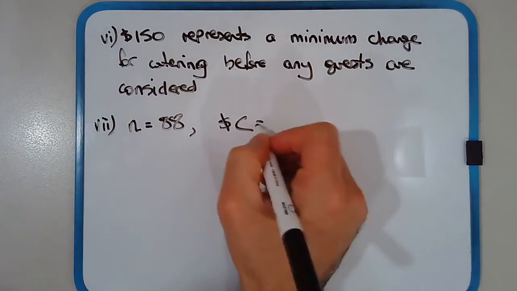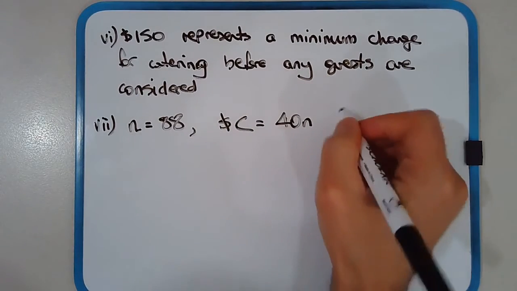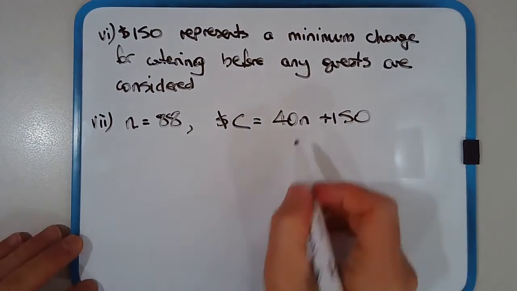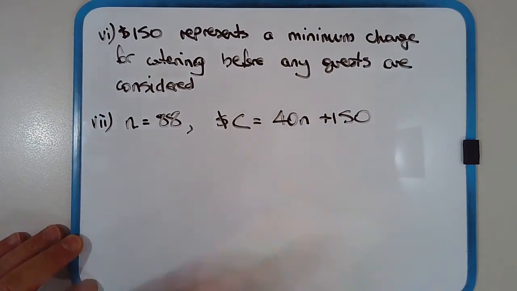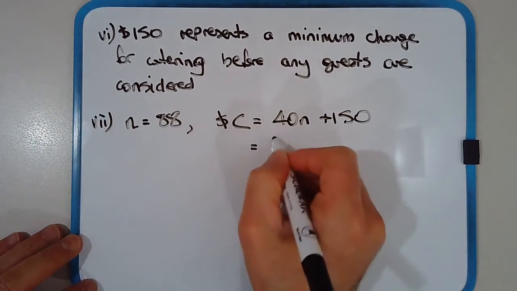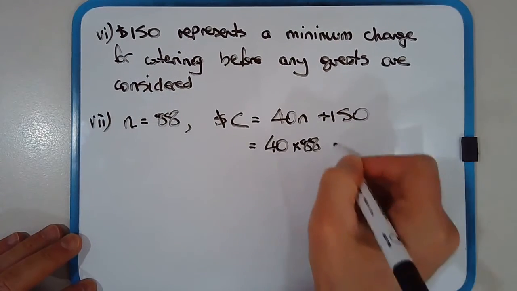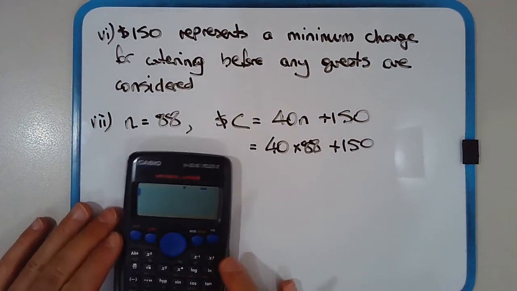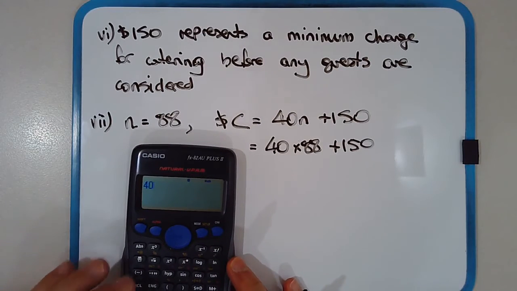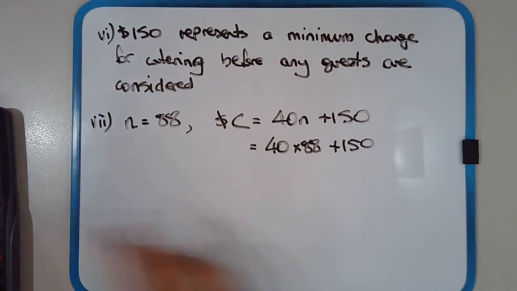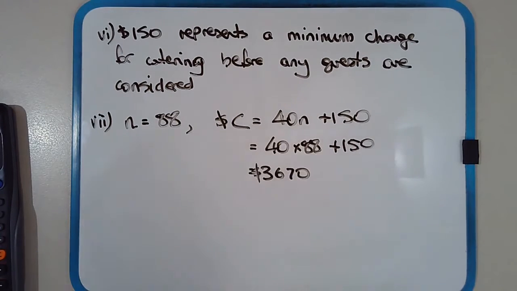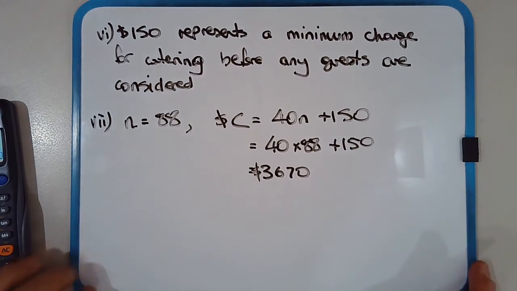C is equal to 40n plus 150. n represents the number of people. So that's going to be 40 times 88 plus 150, and we get $3,670 to cater for 88 people.